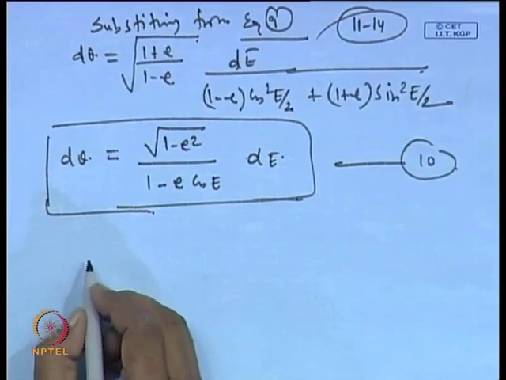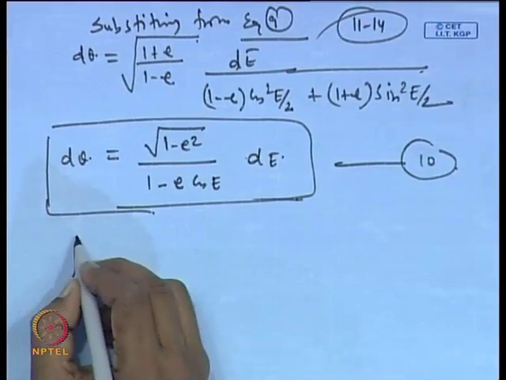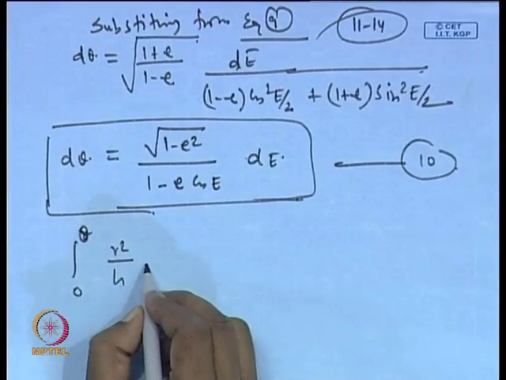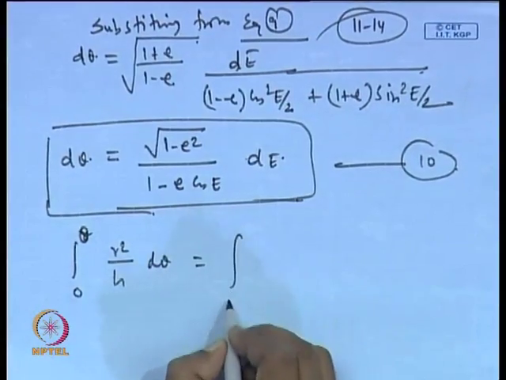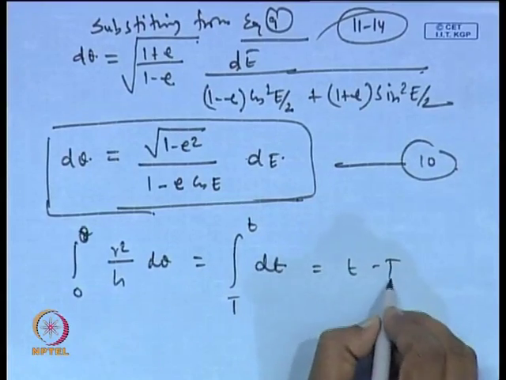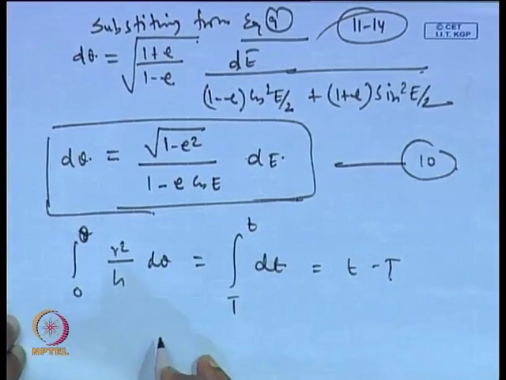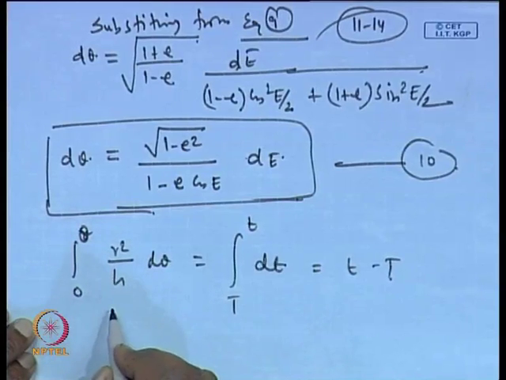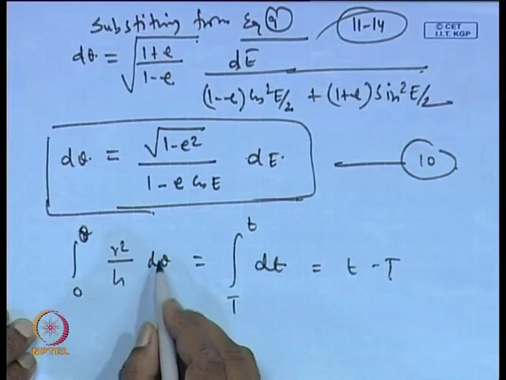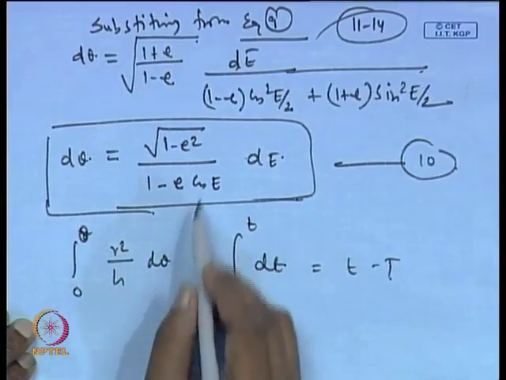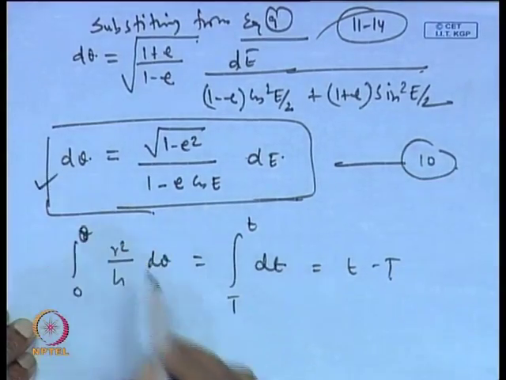Now, going back to our original equation, which is the integral from 0 to theta of r square divided by h d theta, equal to the integral from t to t0 of dt, which is t minus t0. So, here we can replace r and d theta in terms of the eccentric anomaly. The r equation we have written in terms of eccentric anomaly, and d theta also just now we have expressed in terms of eccentric anomaly.